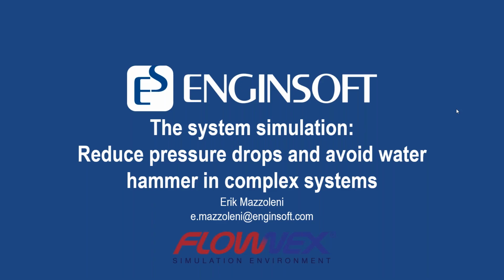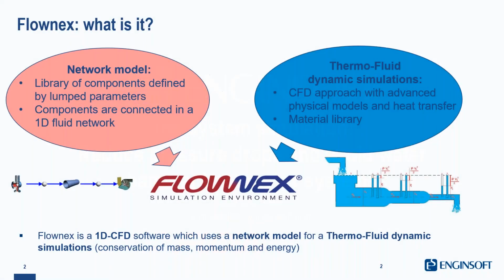And you can do it using a 1D simulation approach. Flownex is a 1D tool, so it's 1D CFD software. And it's based on conservation of mass, momentum, and energy. And the idea is that you have a network, and your pump or your turbine is a part of this network.